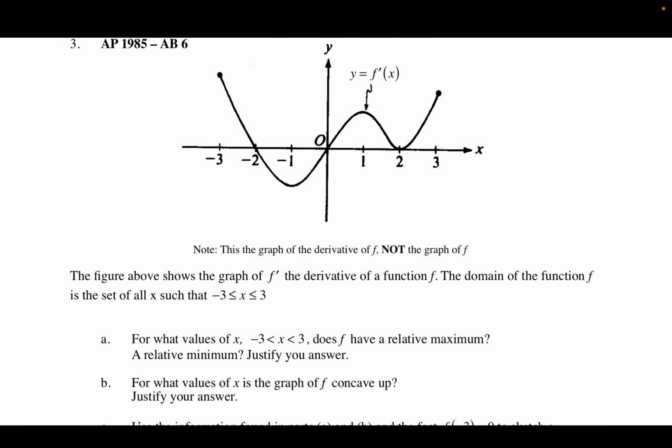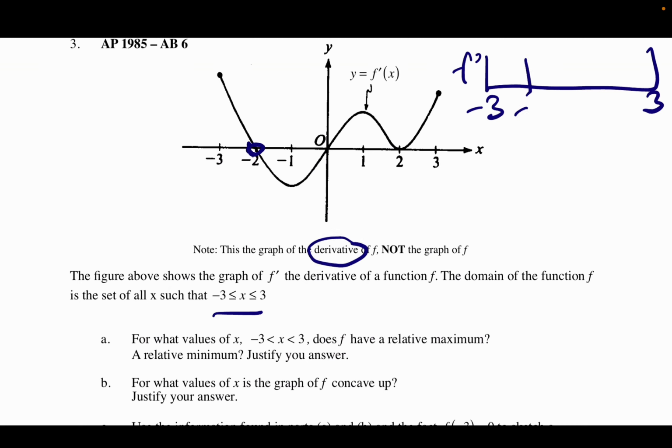So AB6, of course I'm going to do my charts first. F prime, I'm going from -3 to 3. Where is my derivative negative? By the way, I have the derivative. My derivative is zero at -2, 0, and 2. This is positive, negative, positive, positive.